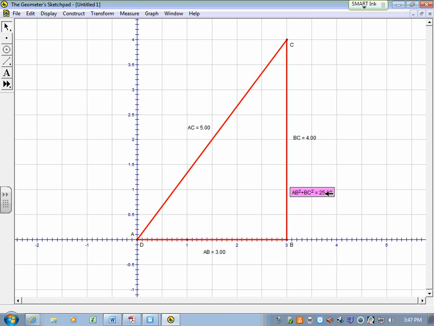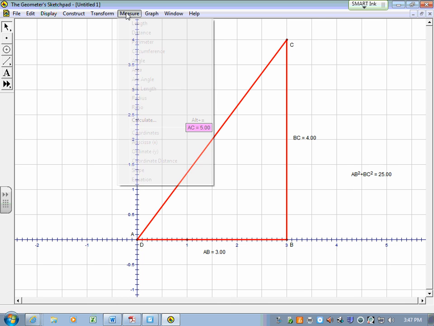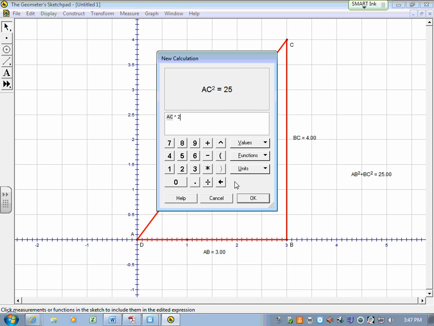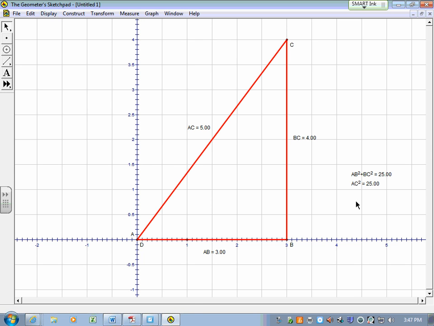And if I do that, I get that AB squared plus BC squared is 25. But wait a second. That guy squared is also 25. And so I wonder, is there a relationship? Is it true that this squared plus this squared is the same as that squared?